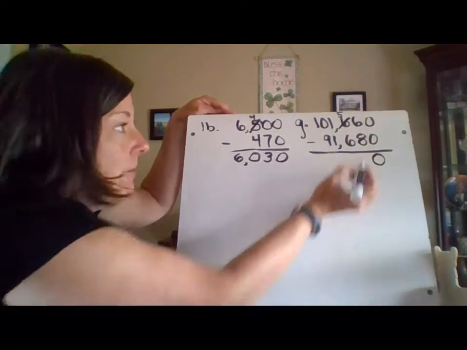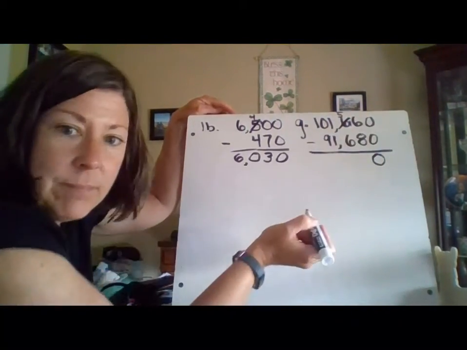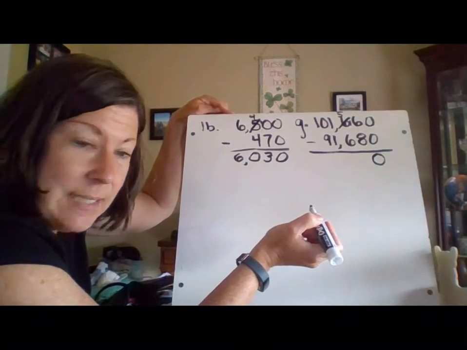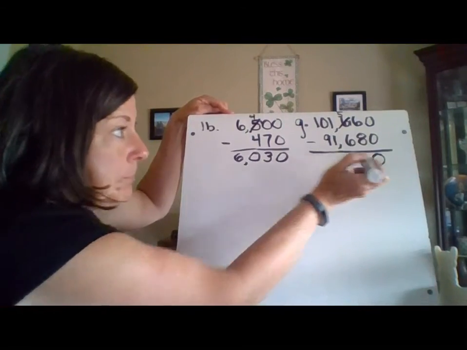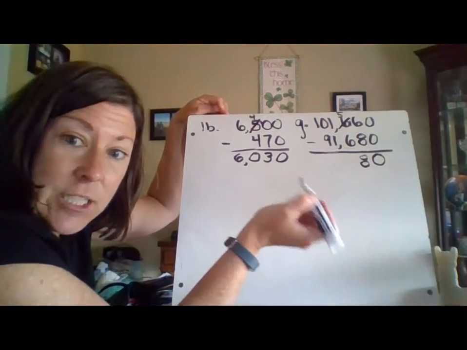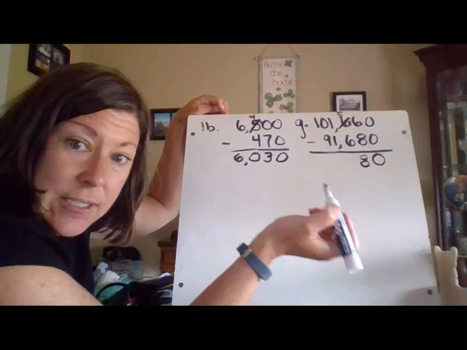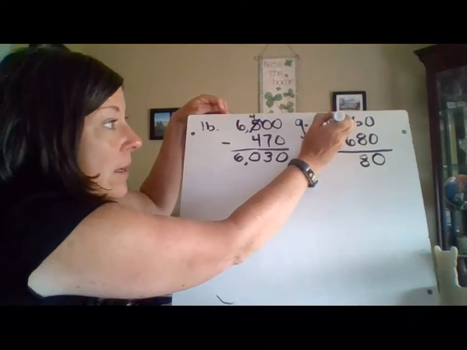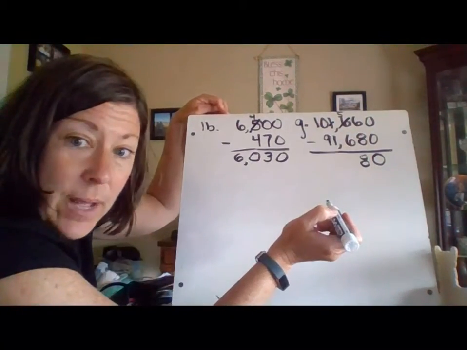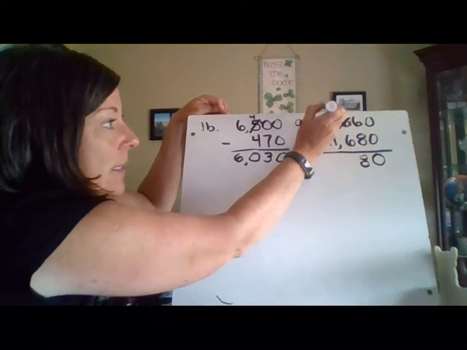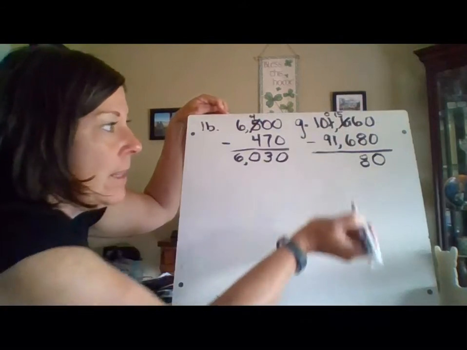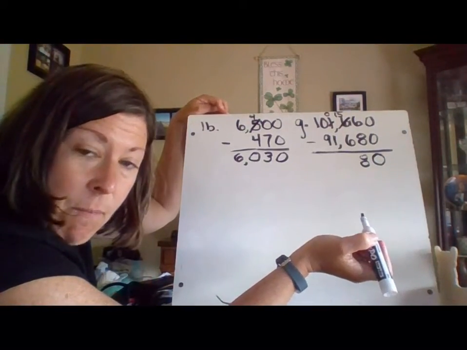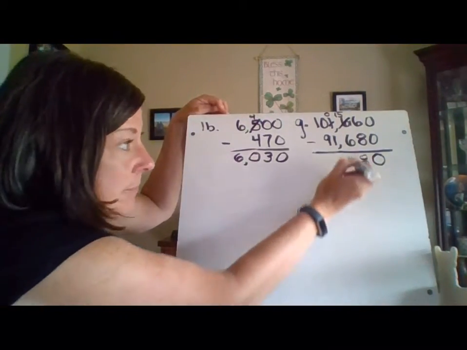That becomes a 5. That becomes a 16. 16 minus 8 is 8. I cannot subtract 5 minus 6. I don't have enough. So now I go borrow again from the thousands. This becomes a 0. This becomes a 15. 15 minus 6 is 9.